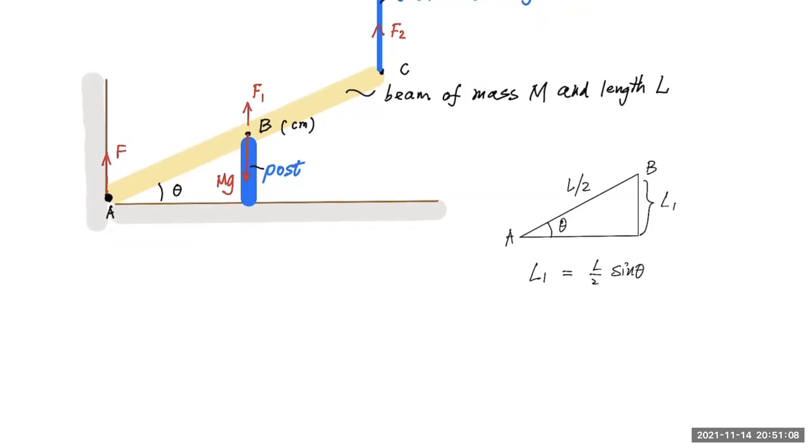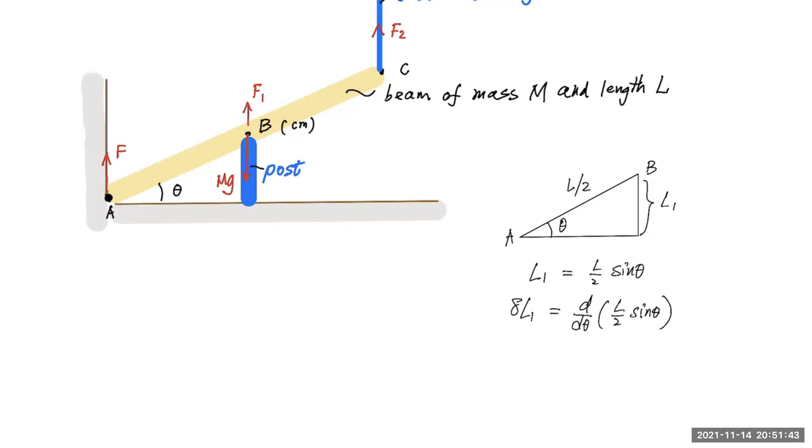I'm looking for the change in L1, which has to do with the change in angle theta. So basically, what I want to find is, when theta changes by a very small amount delta, how much is the change in L1? We call it delta L1. What is that equal to? Well, I can take a derivative of both sides, so basically d by d theta of L over 2 sine theta, and then times delta theta.